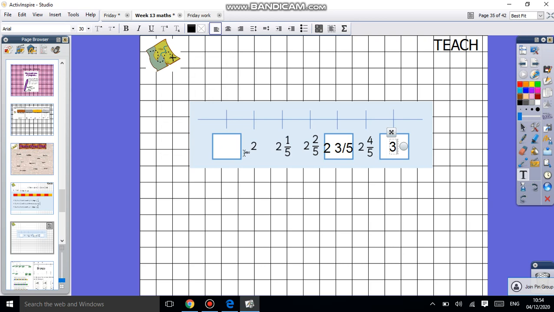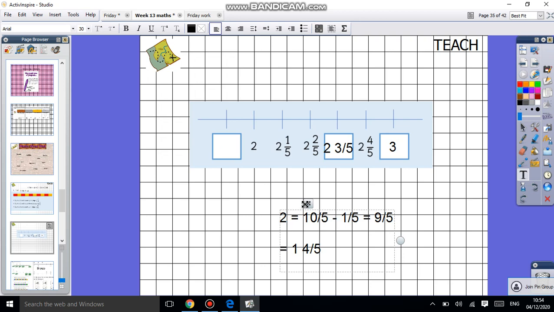If we then go back to the start, we've got blank, 2. So this time, instead of adding on a 5th, we're going to take away a 5th. So same as we did before, 2 is equal to 10/5. And if I take away a 5th, that would give me 9/5, which is equivalent to 1 and 4/5.